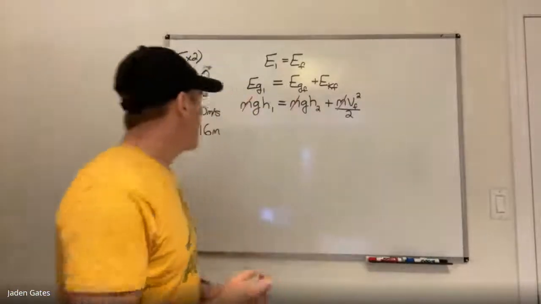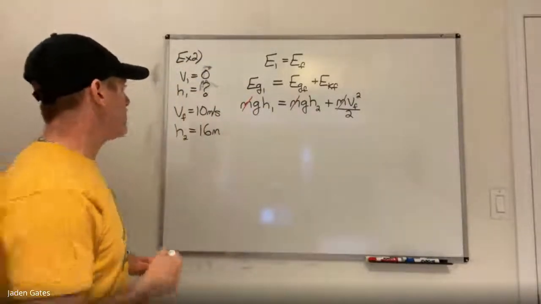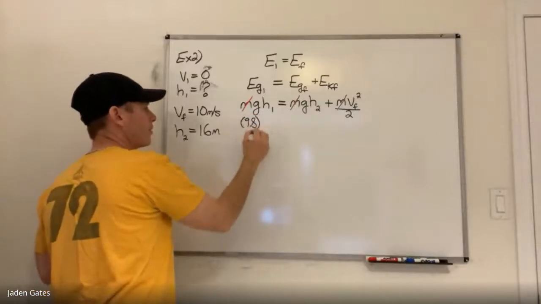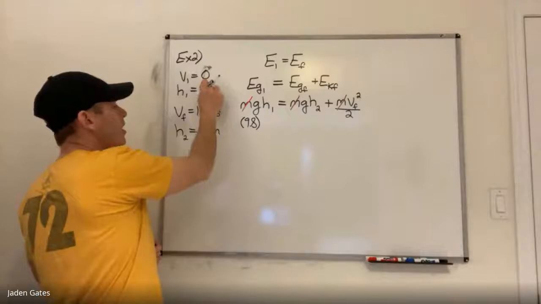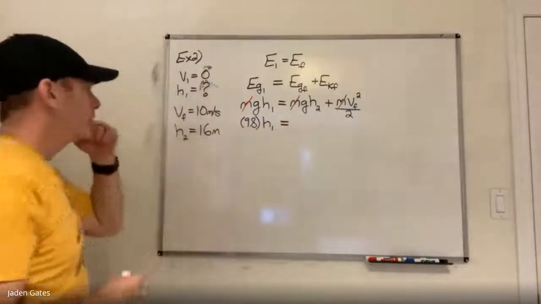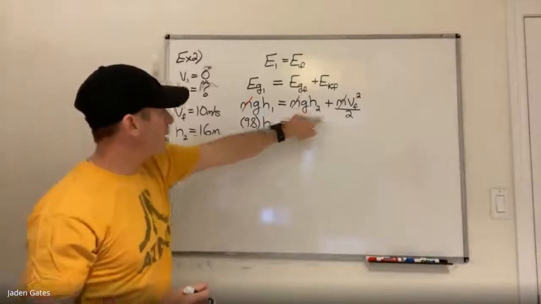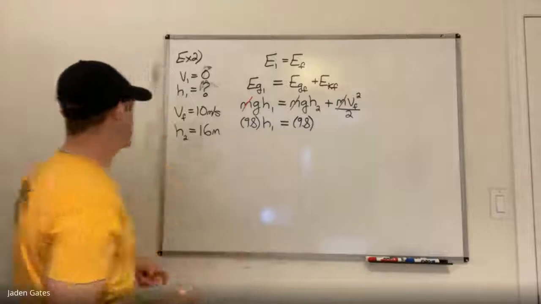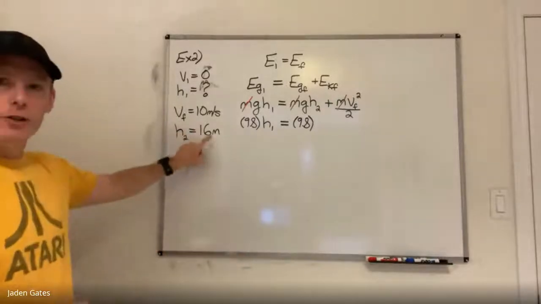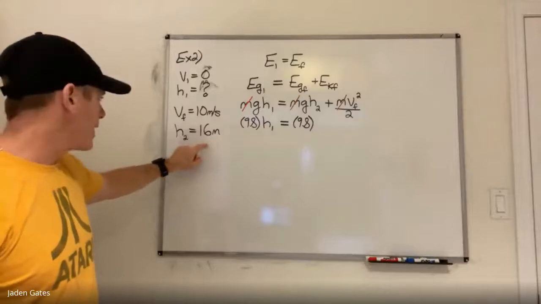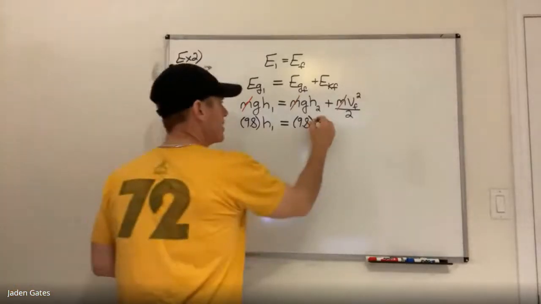Now, substituting in. g, always 9.8 when we're on Earth, close to it anyways. H1, that's what we want to know. How high does that first hill have to be? Now we have g times H2. Well, g is 9.8, and H2, the height of that first loop, I was thinking about the Dragon Fire at Canada's Wonderland when I wrote this question, is 16 meters.